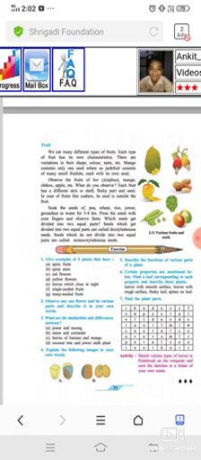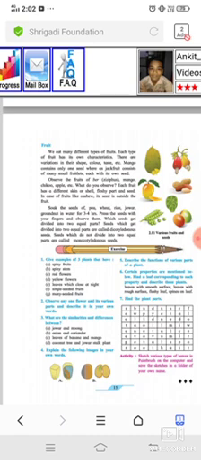We eat many different types of fruit. Each type of fruit has its own characteristics. There are variations in their shape, color, taste. A mango contains only one seed.